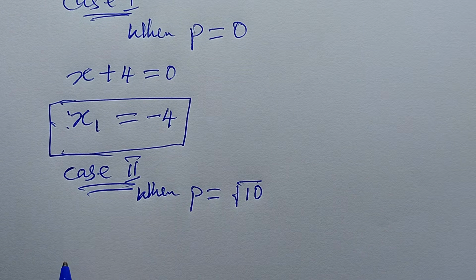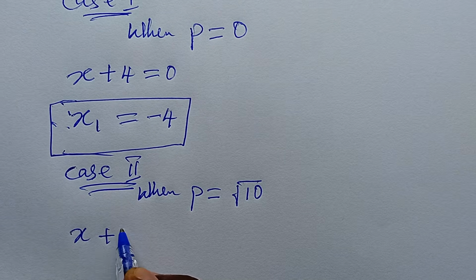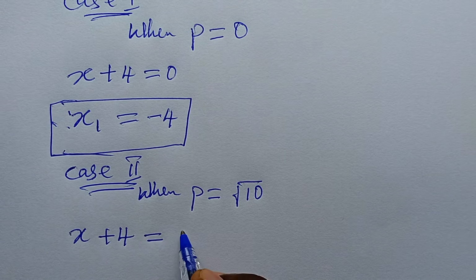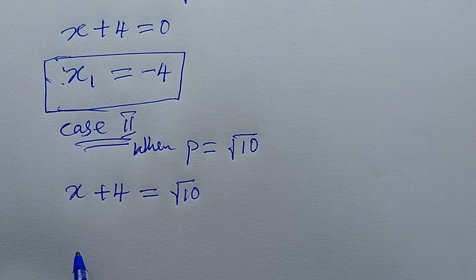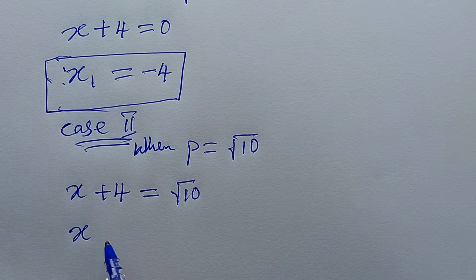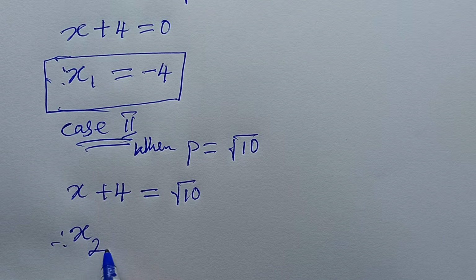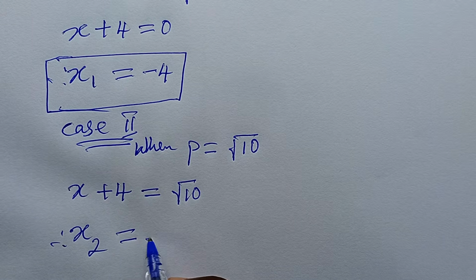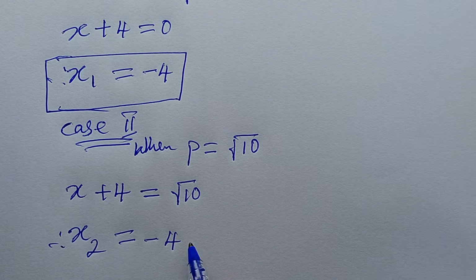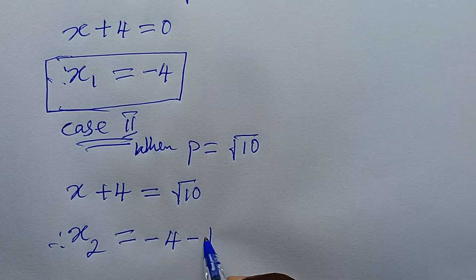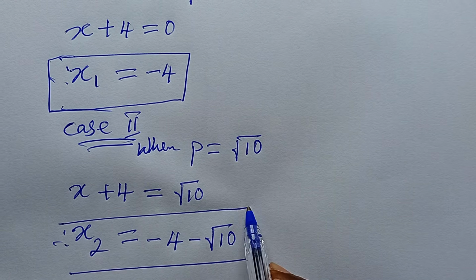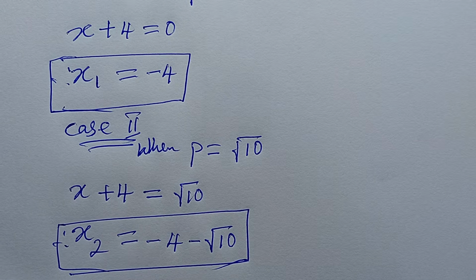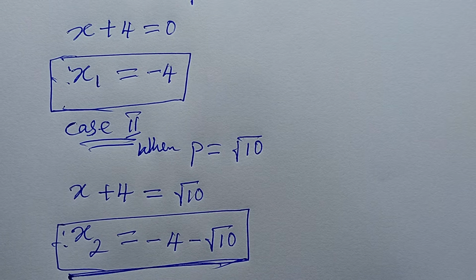And so we're going to have x plus 4 is equal to the square root of 10. Subtract 4 from both sides, and this gives us x. Therefore, x2 will now be equal to minus 4, then minus the square root of 10. This is the value of our second x.